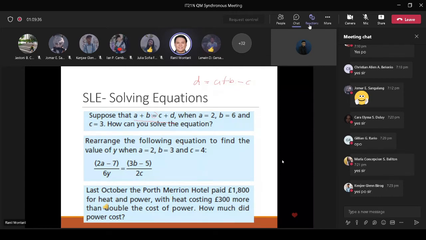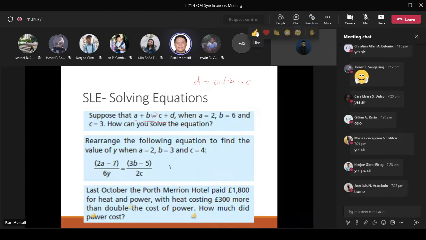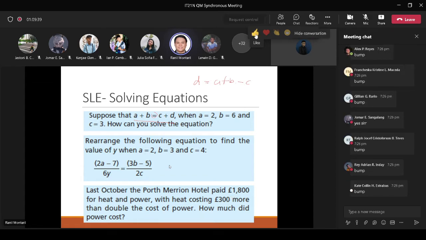Now, the second given, take note, guys, this is SLE. What is SLE? This is structured learning experience. Supposedly, this is your chance para sumagot or whatsoever. But of course, for now, pwede natin muna i-bonus. But then again, tandaan nyo, kapag meron akong ganitong SLE, it's a measurement of performance.